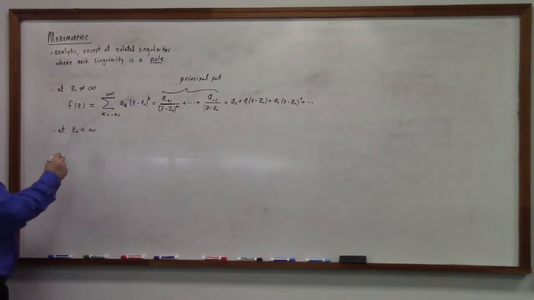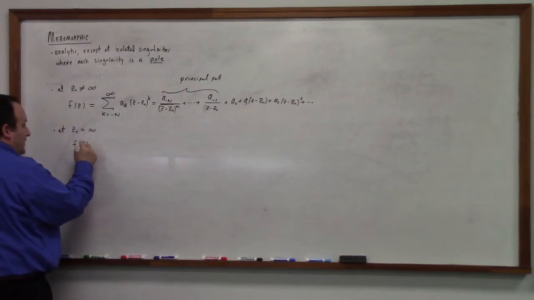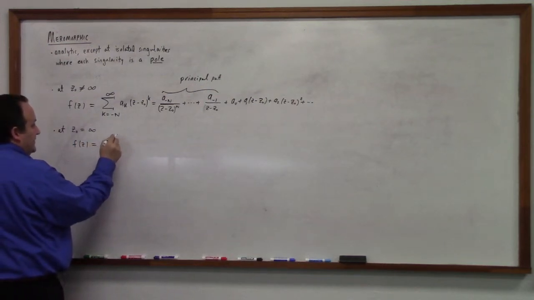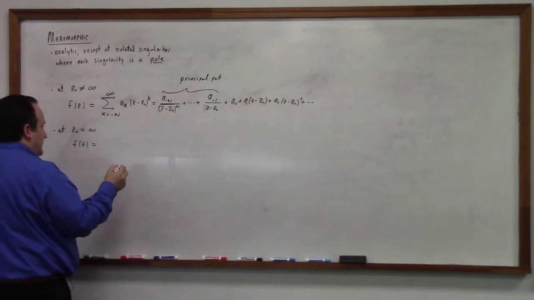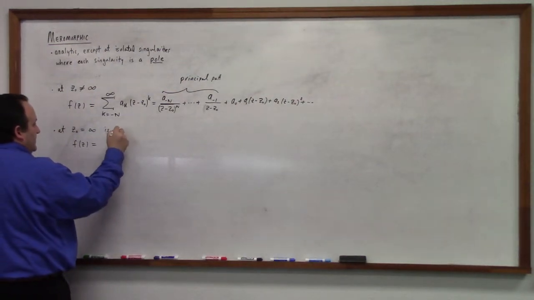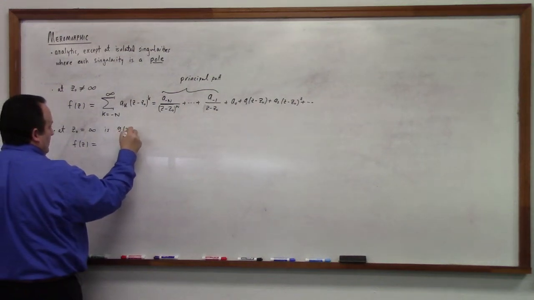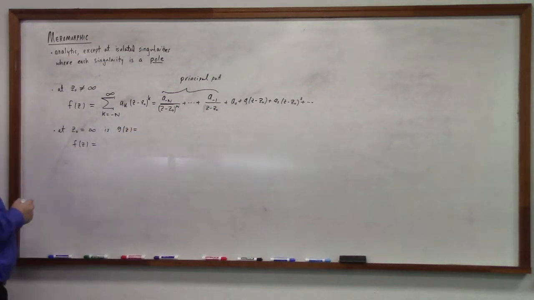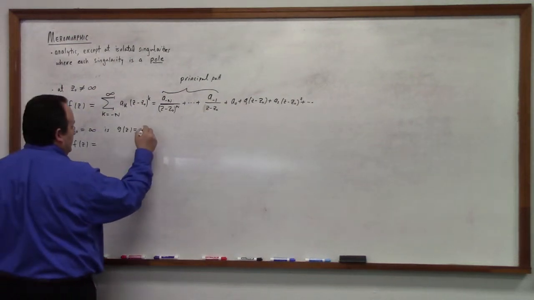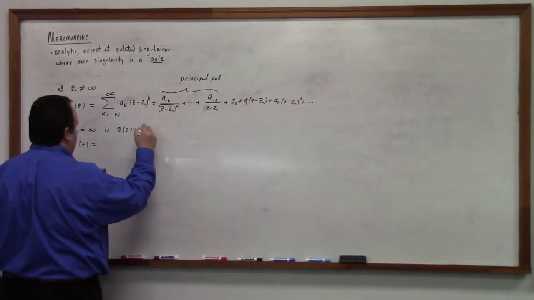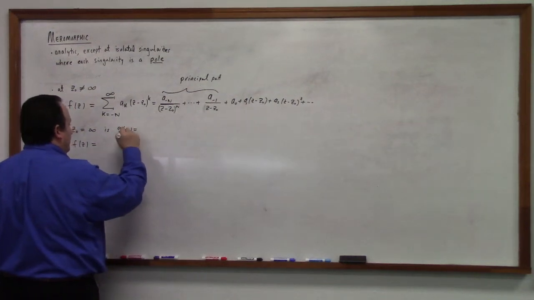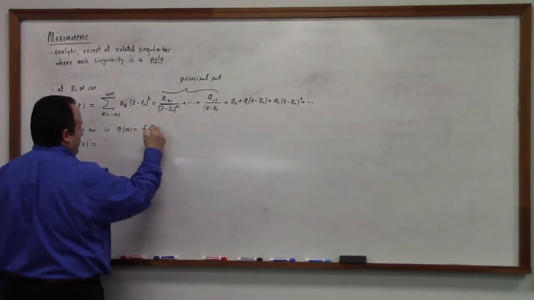Then what we're talking about is f of z looks like something, where n is a fixed number. So g of w is f of 1 over w.